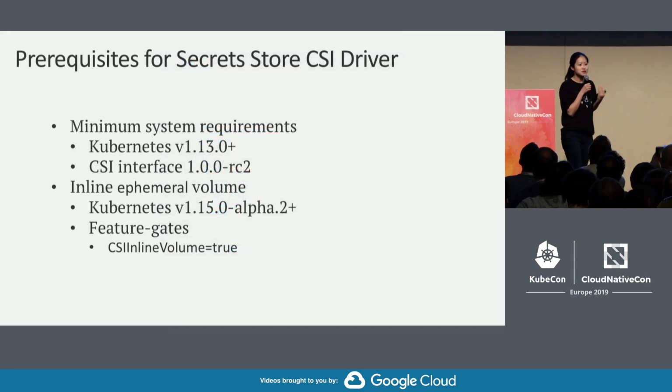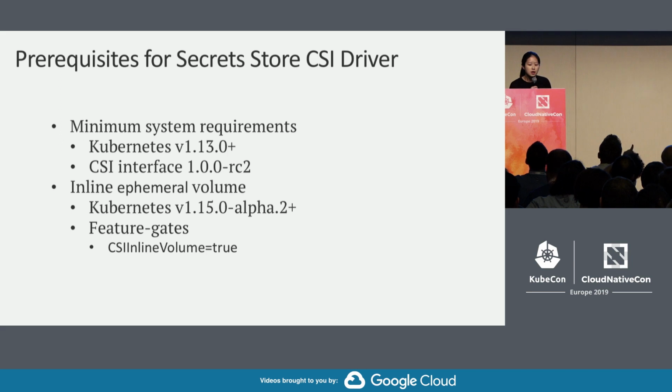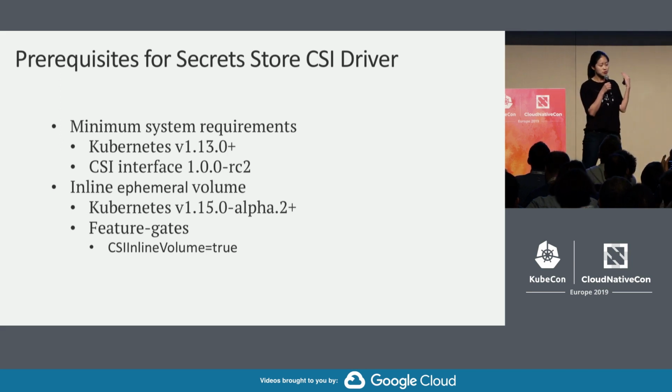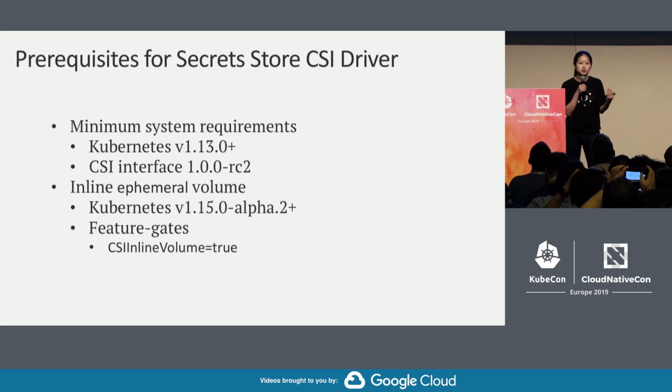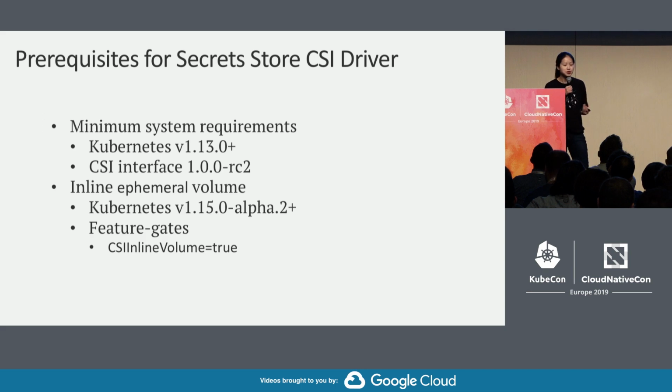So in order to use this plugin, you have two ways. If you have an older cluster, let's say 1.13, which is the minimum required Kubernetes version to run this plugin, you can create a PV and a PVC, and then in your pod you just reference the PVC. Now, for some of you who are maybe more advanced and want to run 1.15 alpha 2+, you can start to enjoy the inline volume feature that I mentioned earlier.